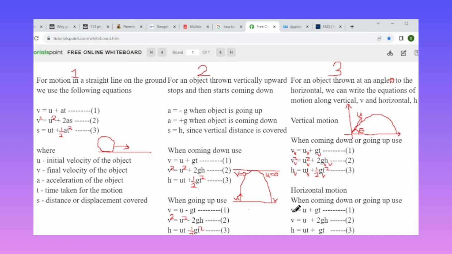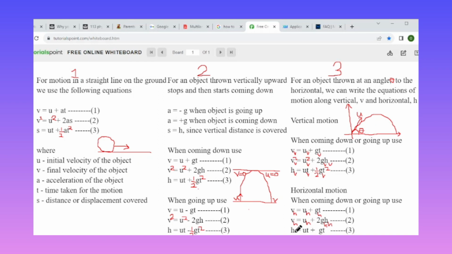So v horizontal is equals to u horizontal plus g horizontal t. Also, for equation 2, v horizontal squared is equals to u horizontal squared plus 2g horizontal h horizontal.